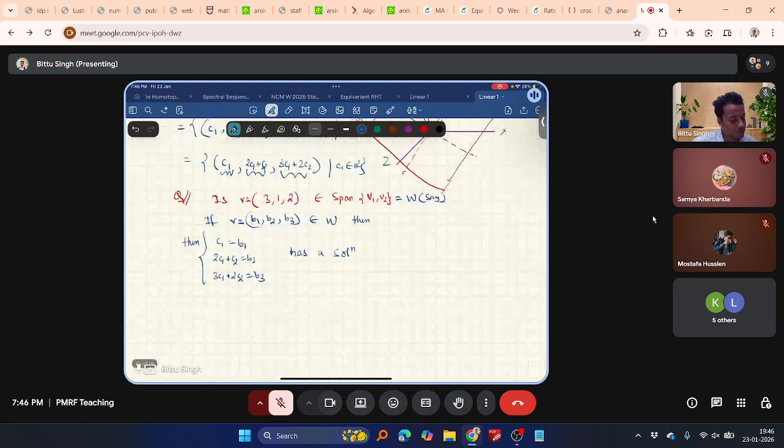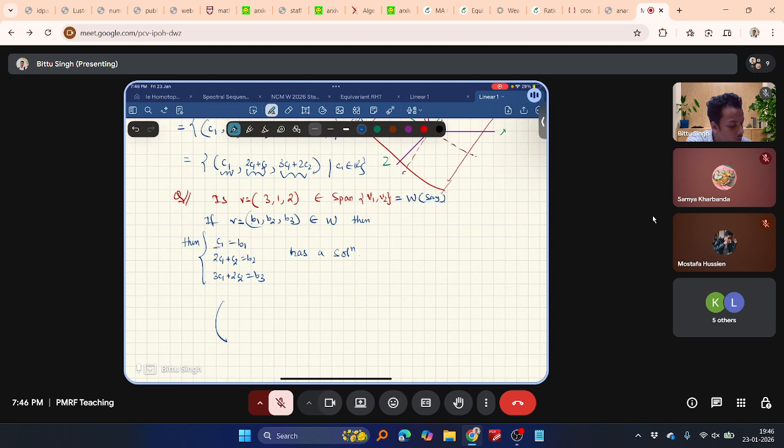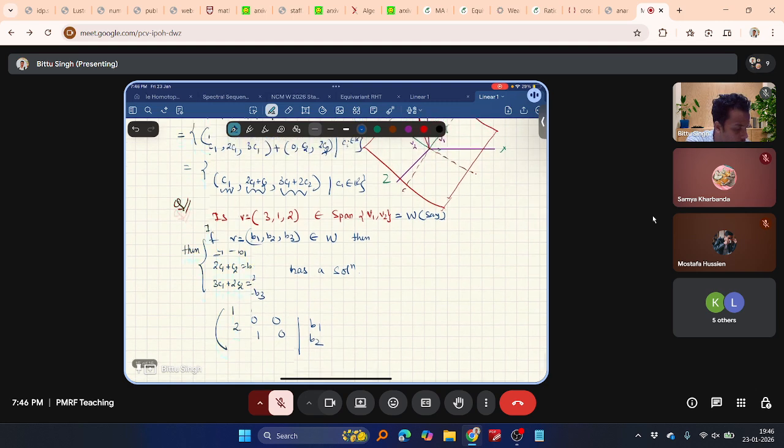So how can we check? One easy way is putting it in a matrix. The first equation means it is 1 0 | b1. The second equation is 2 1 | b2. In this case it is easy, but for the most general case I am writing how we can check.